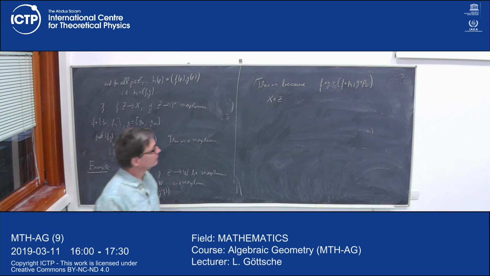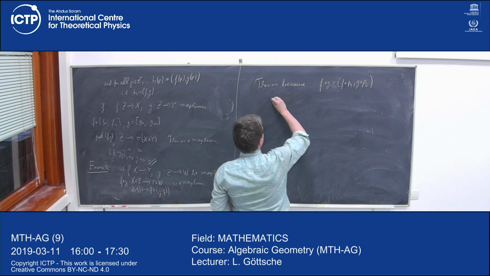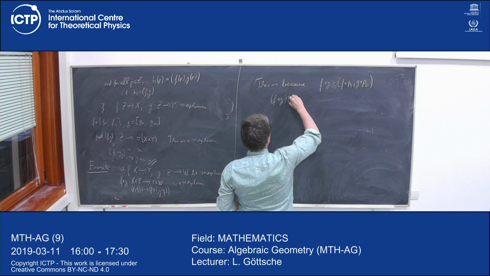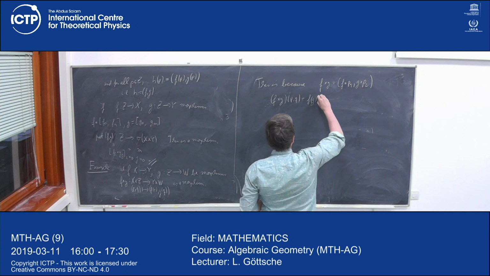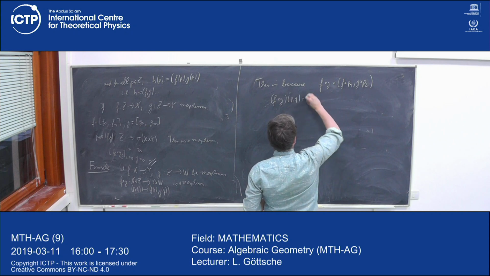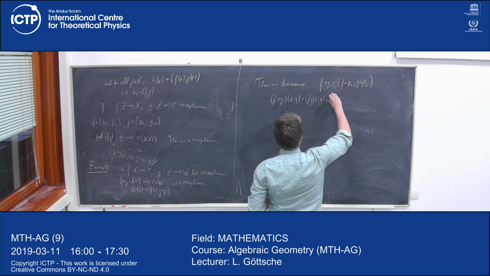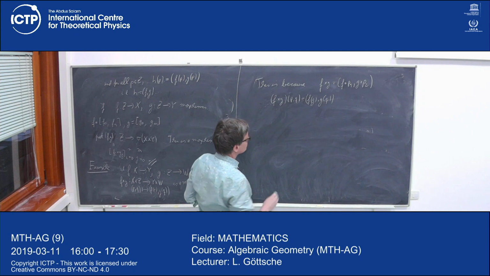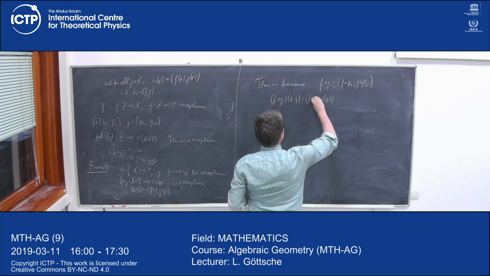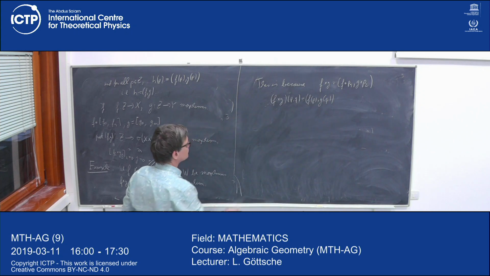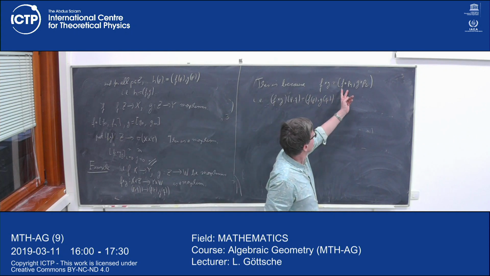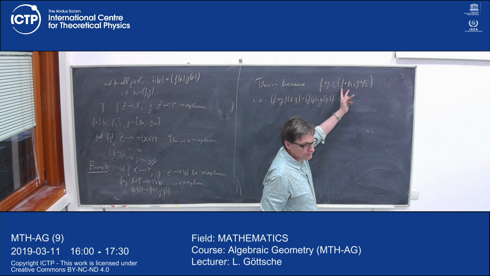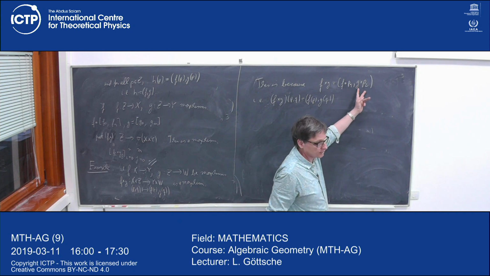That means F times G of (P, Q) is (F of P, G of Q), as we want it. And so this is a morphism as a composition of morphisms.